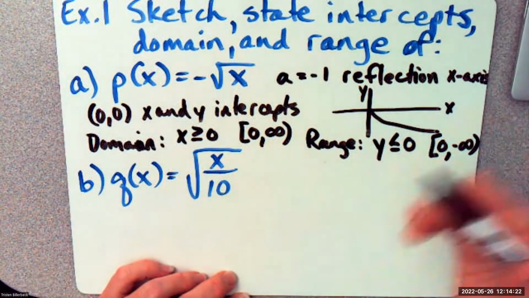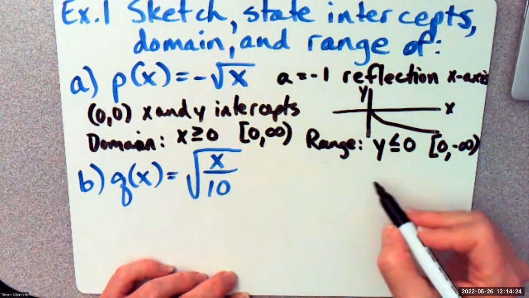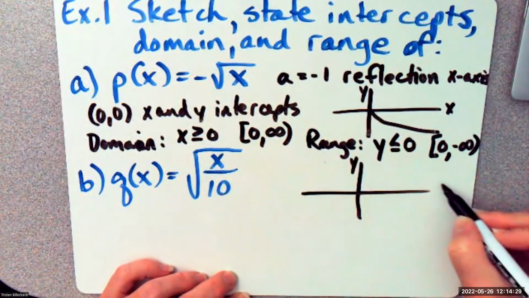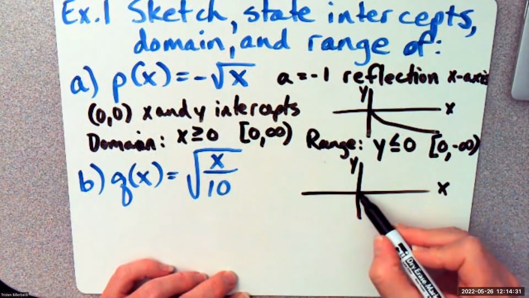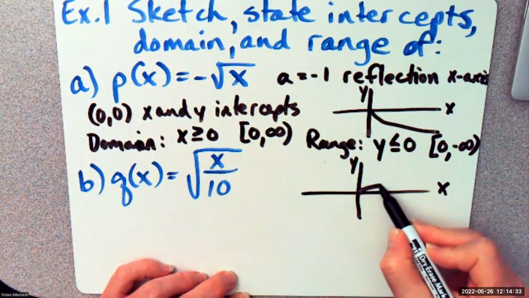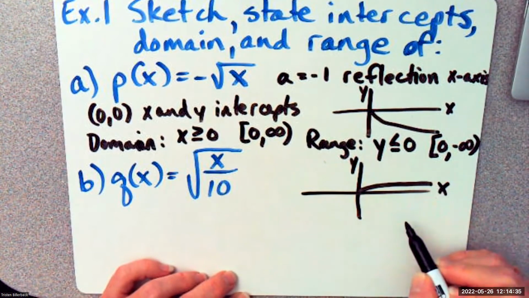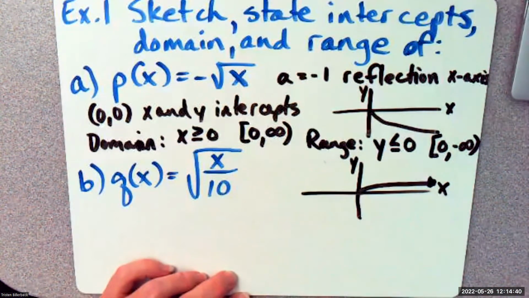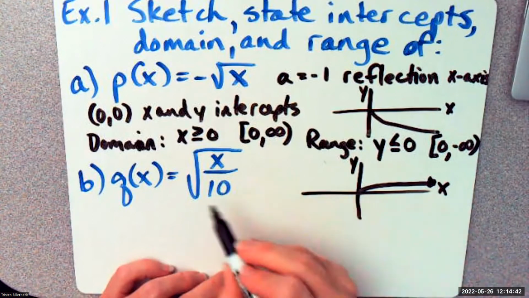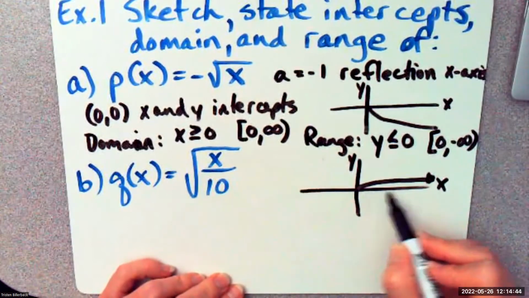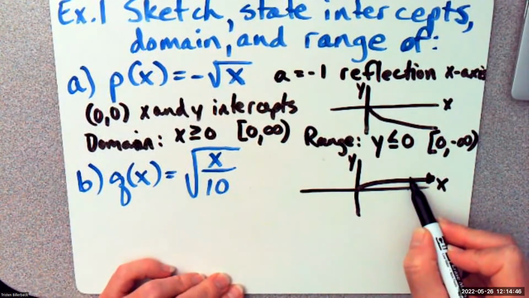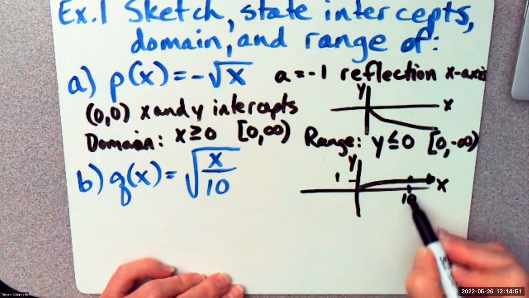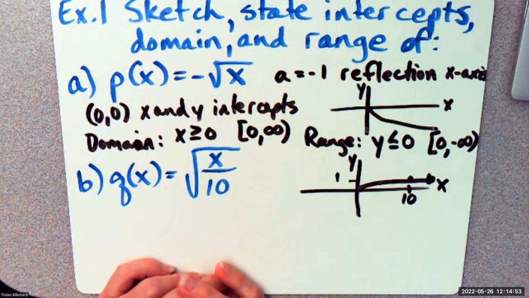So the opposite of a vertical compression. If this is getting compressed, that means it's getting pushed down closer like that. So my x value has to be 10 for it just to reach 1 on the y. Okay, so that's how it gets compressed.